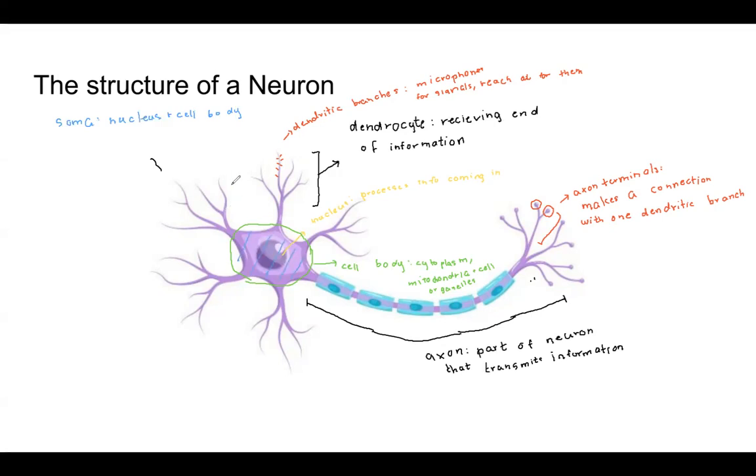So now let's take a look at how information would be processed in a neuron, right? Basically, these structures that I was about to start drawing here were supposed to be the axon or the axon terminals of a neuron, right? Like here, like so.